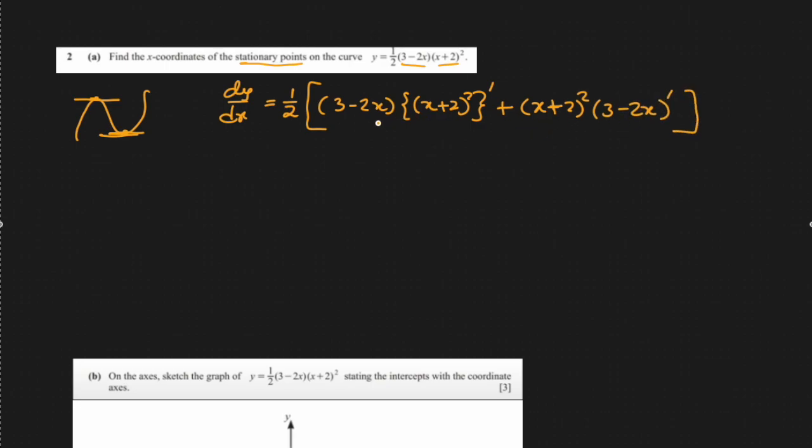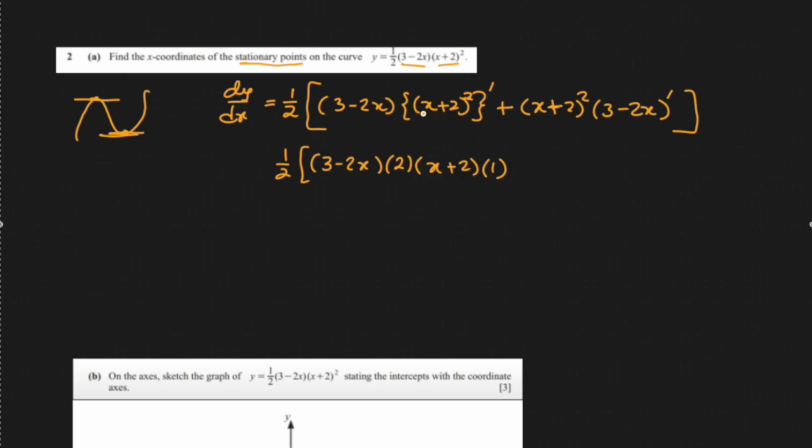This is what I'll do. So it becomes half (3 minus 2x), and the differentiation of this will be, 2 will come in front first, so it will multiply by 2. X plus 2 will have its exponent reduced by 1, so 2 minus 1 is 1, so I'm not writing it. Further we'll multiply the content of the bracket, which is the chain rule.